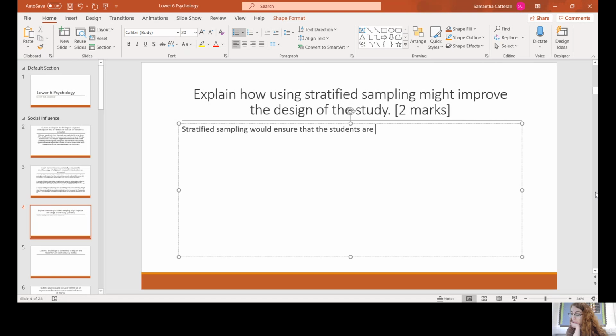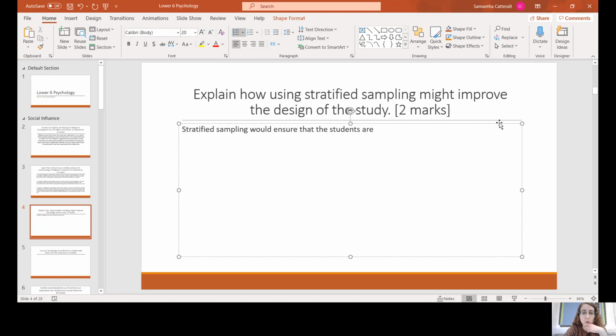The mark scheme says stratified sampling could ensure that various groups are represented in terms of their proportionality in the population. So there needs to be some reference to proportionality, but there's not really any mention of what the different groups would be, which means that you need to put something in your answer about that.